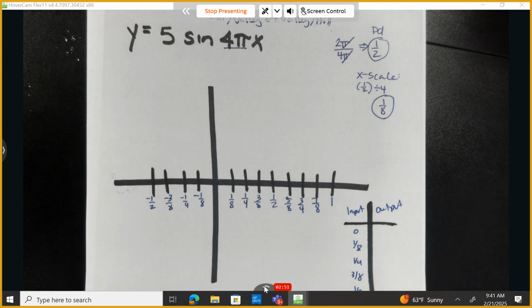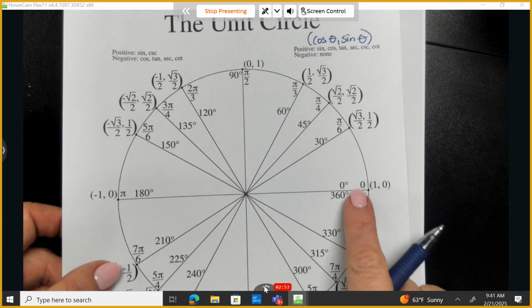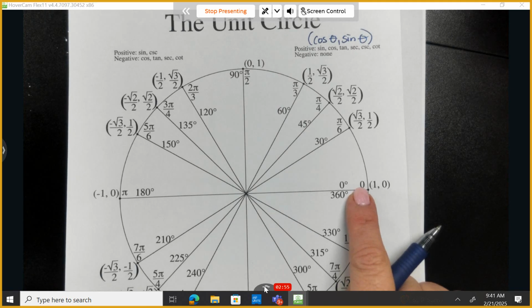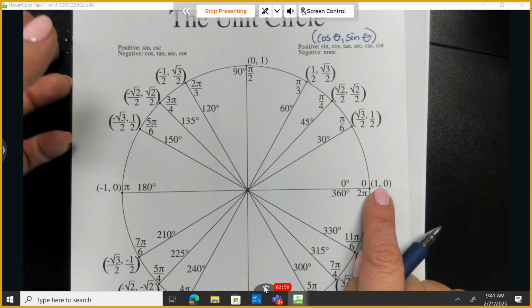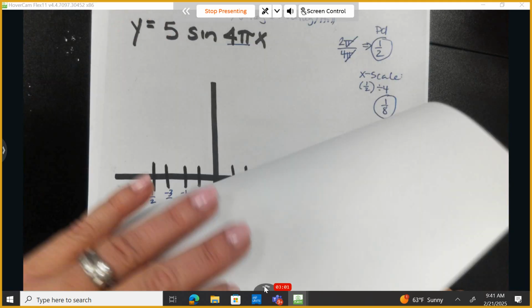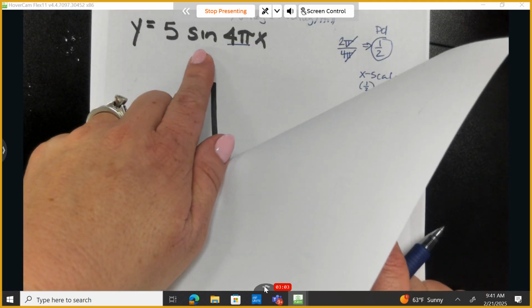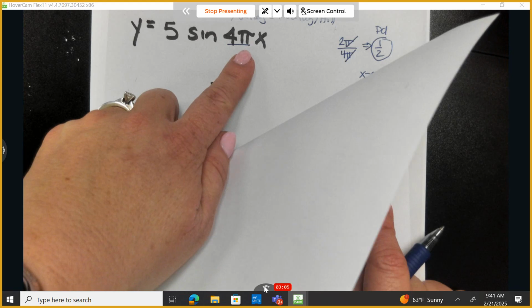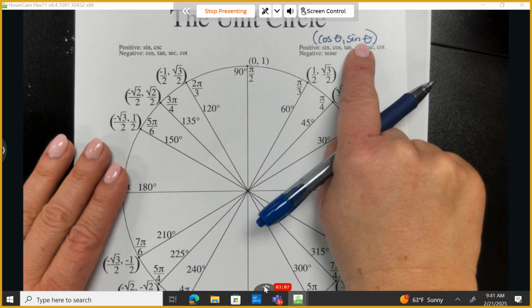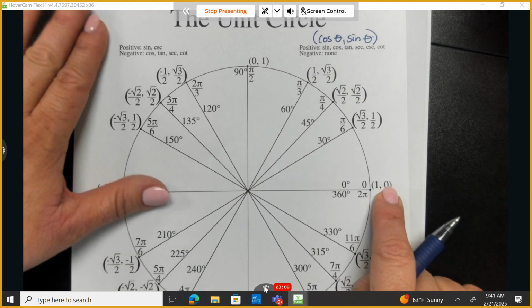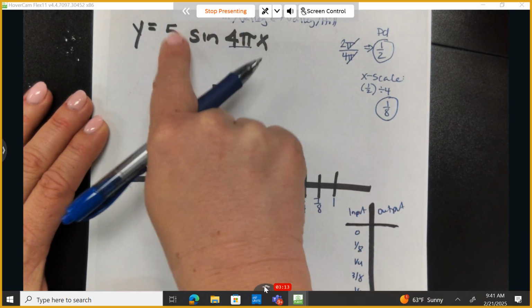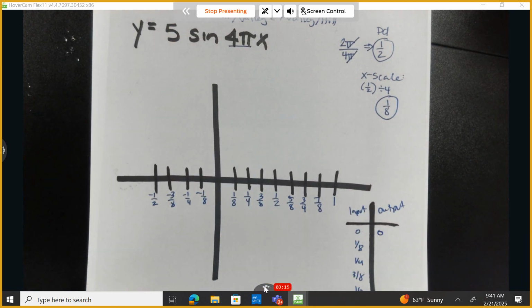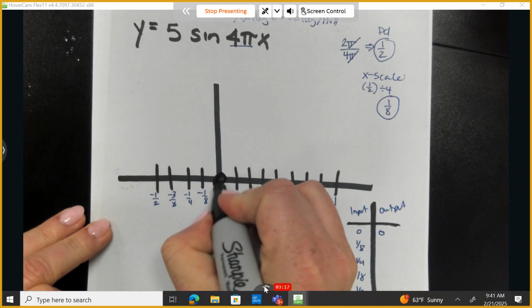I grab my unit circle. I find 0. And then it would be really common for students to be like, well, do they want me to choose 1 or do they want me to choose 0? We have to see what function they're asking for. They're asking for the sine function. So what is the sine at 0? The sine is the second number, so the sine is 0. So this portion is 0. What's 0 times 5? 0. So I'm going to come here and I'm going to graph 0, 0.